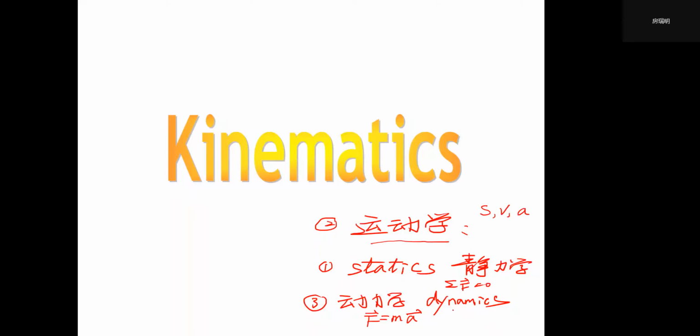But if the system is not in equilibrium, then it is the force that lets it move in some pattern, maybe move along some line, or rotate around some line. So we will use Newton's second law to link force and the coefficients of kinematics. Actually, that's why we have to learn kinematics.